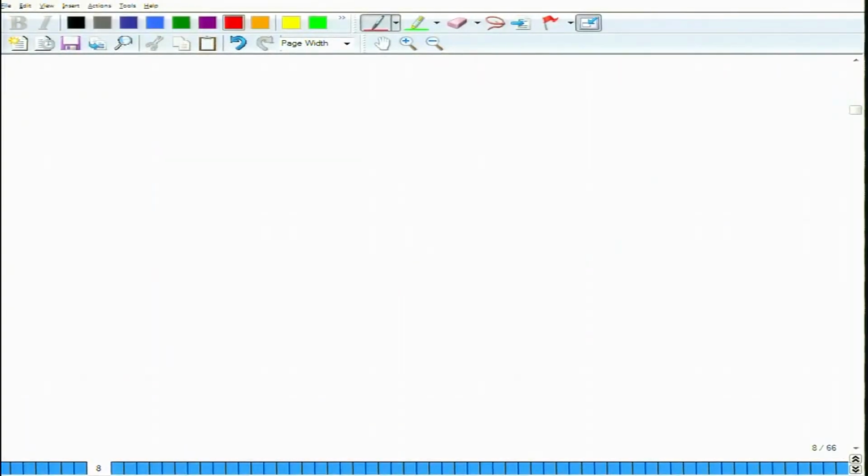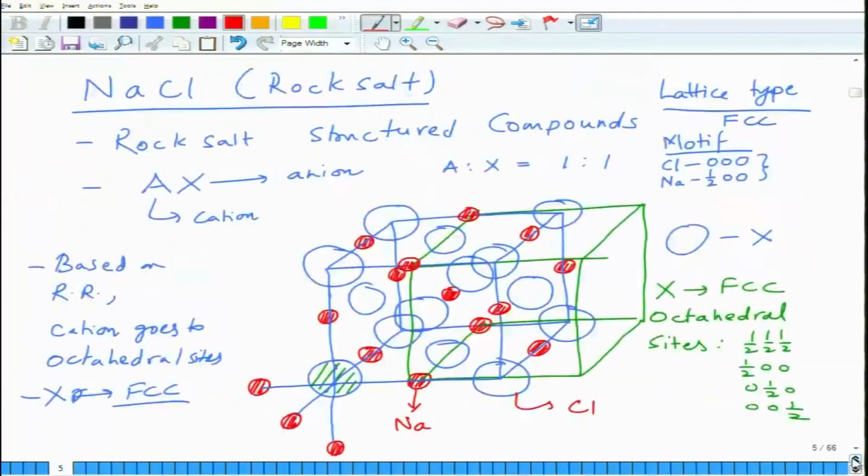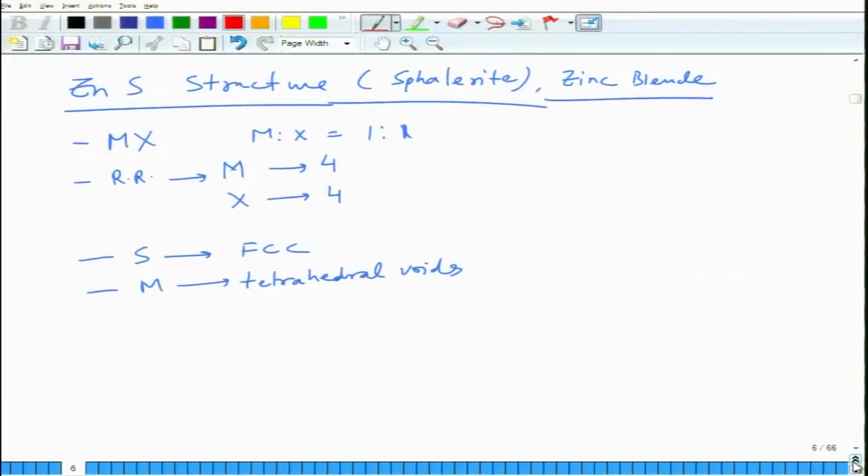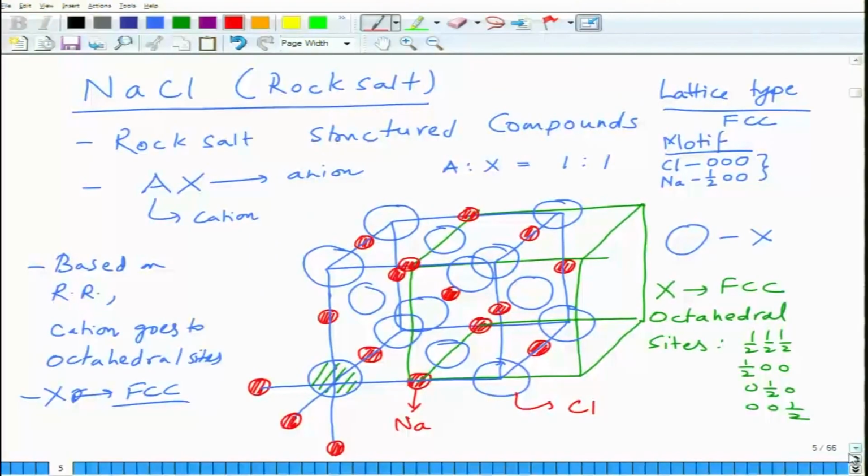Third category of compound is, so in this case, by the way, I just didn't give you the example. In case of NaCl, there are plenty of examples, oxides such as FeO, NiO, MgO, all of them follow NaCl based structures, CaO, okay, and so on and so forth.